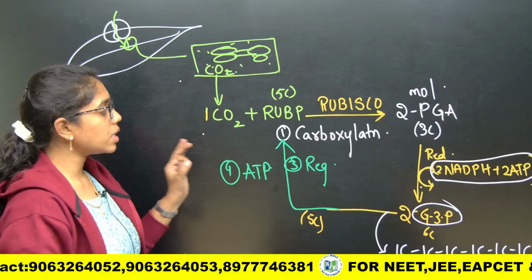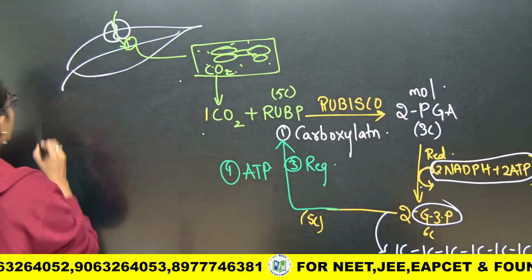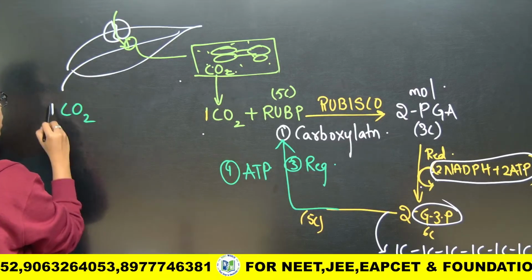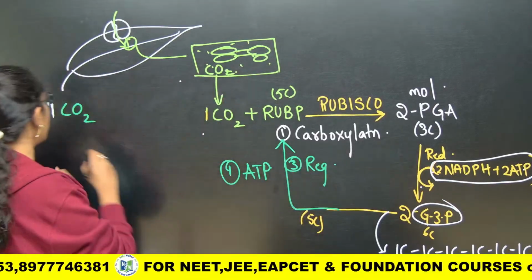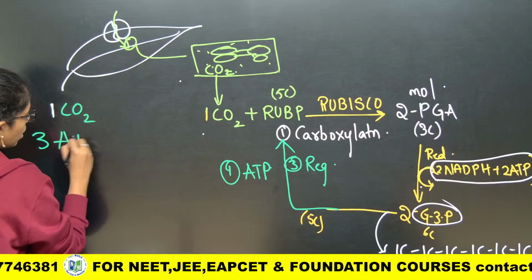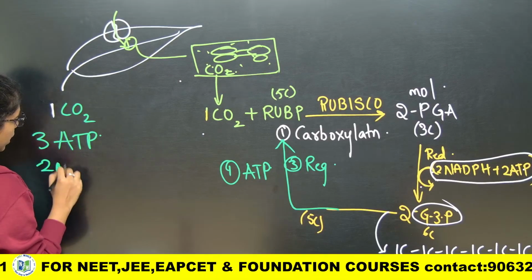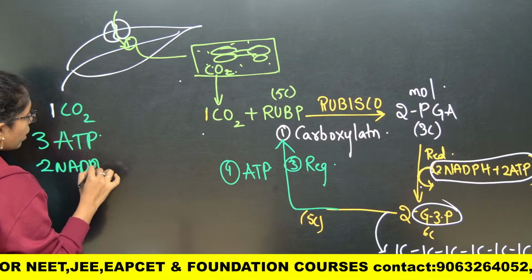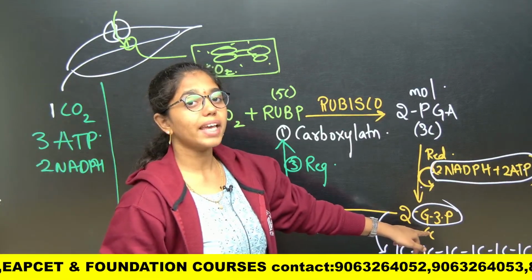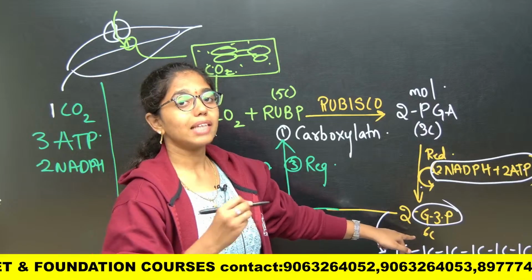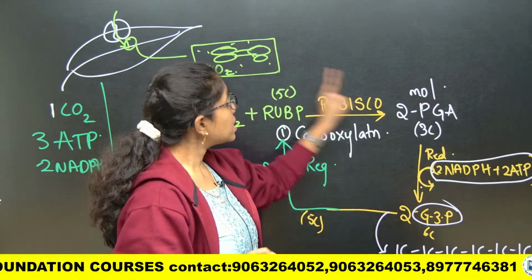Here, how much energy is being utilized for 1 carbon dioxide? For 1 carbon dioxide, in total 2 plus 1, 3 ATP and 2 NADPH are utilized. But when only 1 carbon escapes from each cycle for the formation of glucose, as glucose is 6 carbon, the Calvin cycle has to run 6 times.